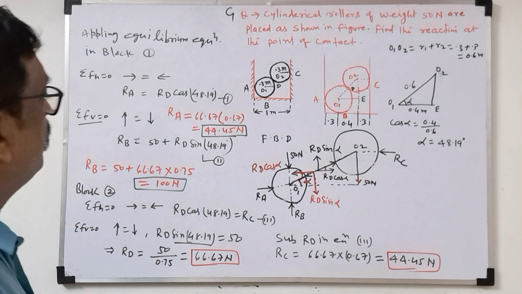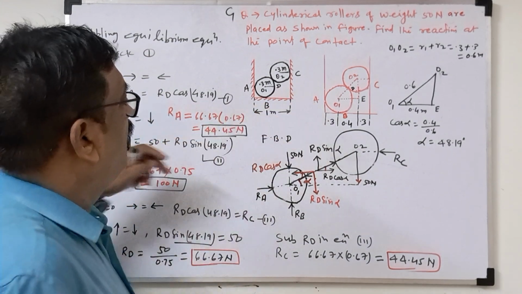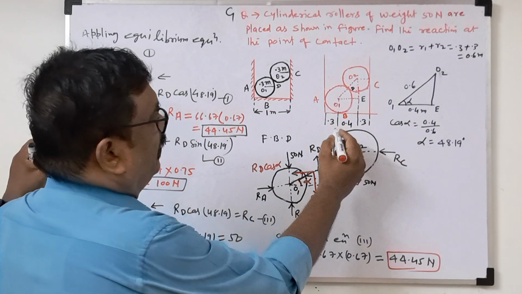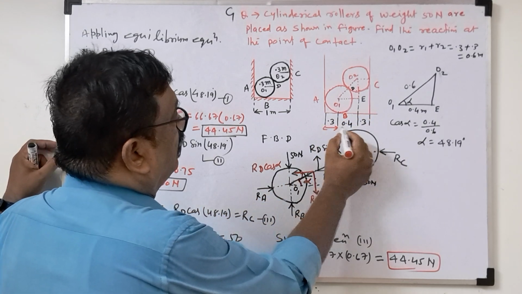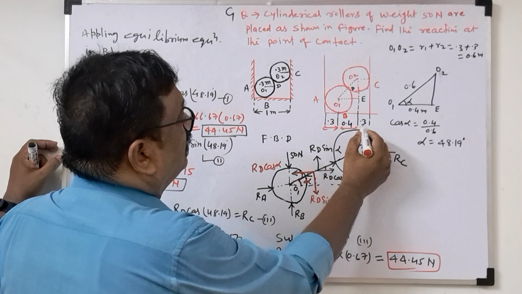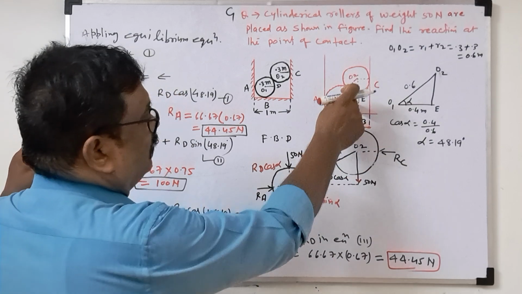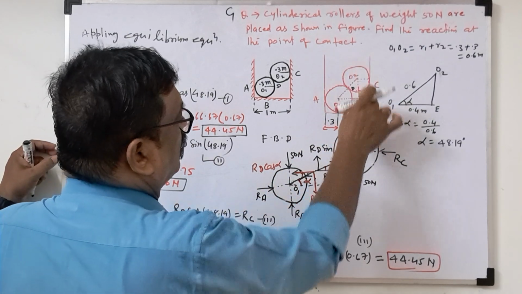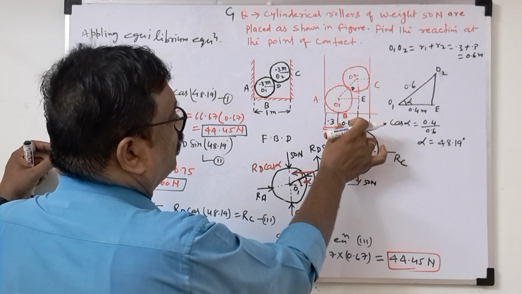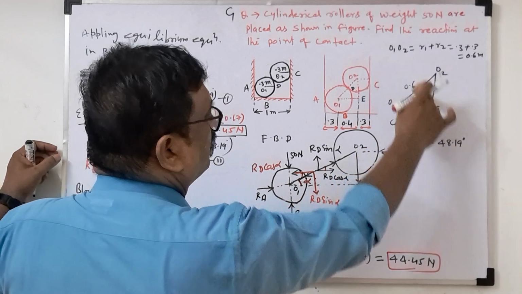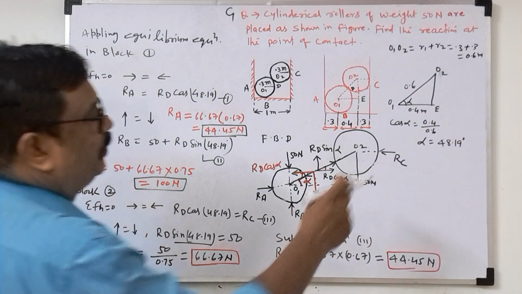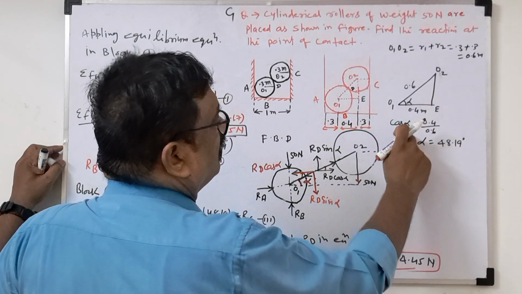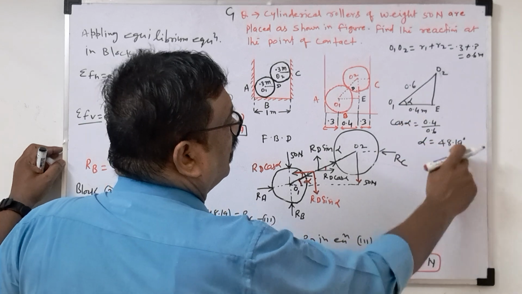So look here. If they give this diagram, first apply the geometry and see all the distances here. Because this is the radius, the total distance is 1, so this is 0.4 and this 0.6. We apply cos theta equals B by H, and we get the angle.